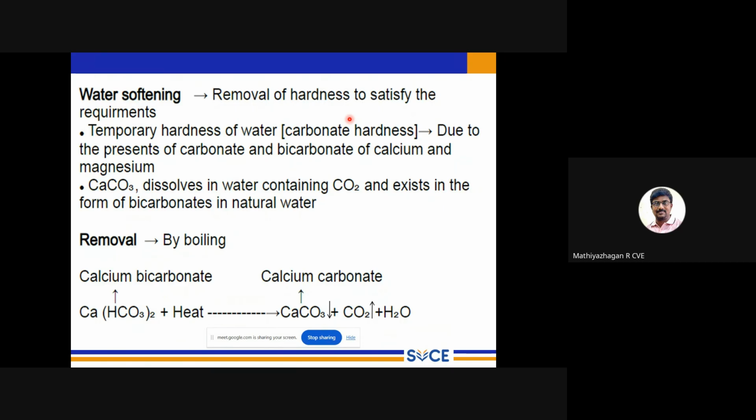During boiling, dissolved calcium bicarbonate is converted into an insoluble precipitate, calcium carbonate, and CO2 gas is released.